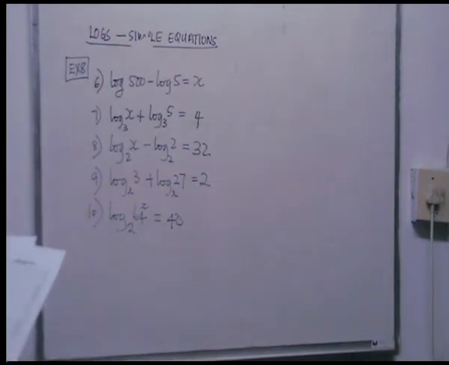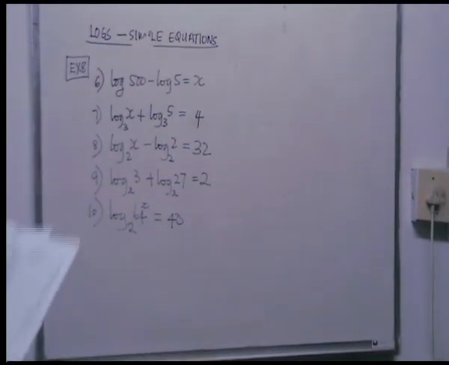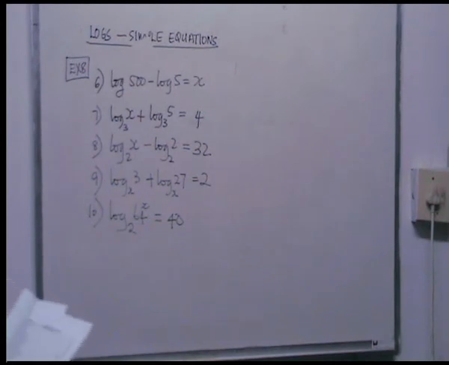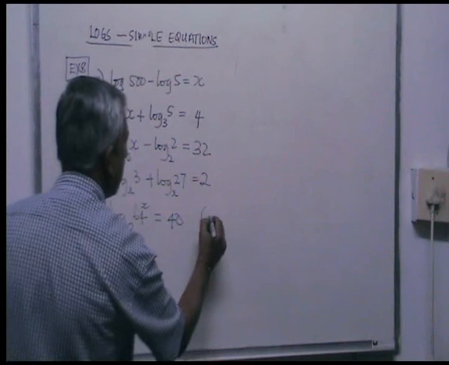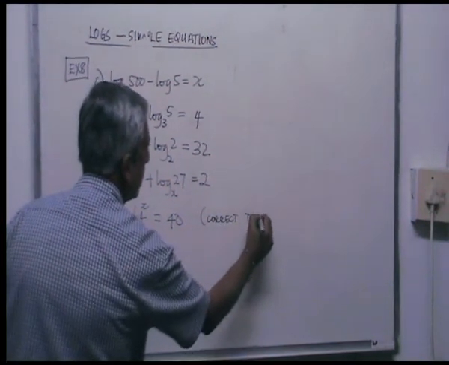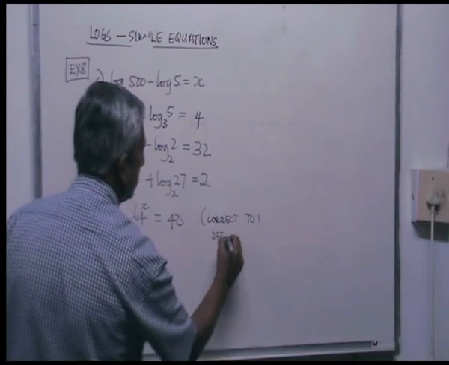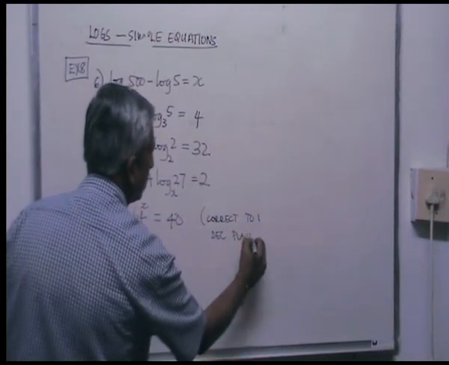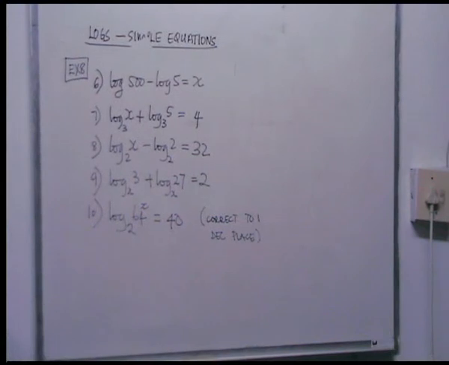And where necessary, you must get the answer correct, like in the last one, correct to 1 decimal place. All right. So those are the next 5 examples for you to do.